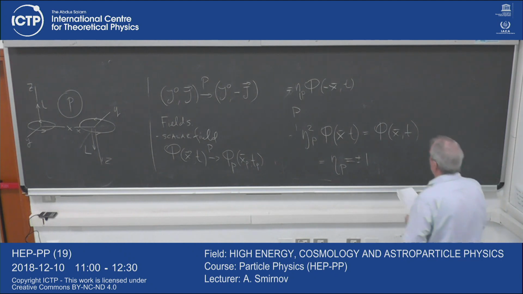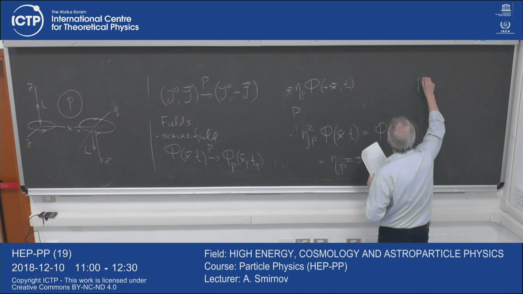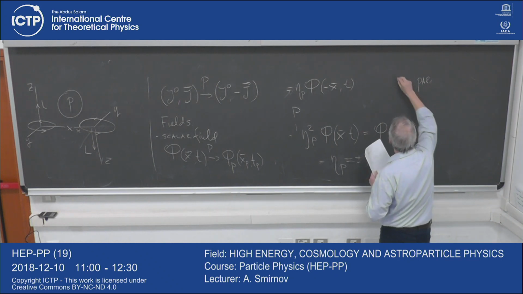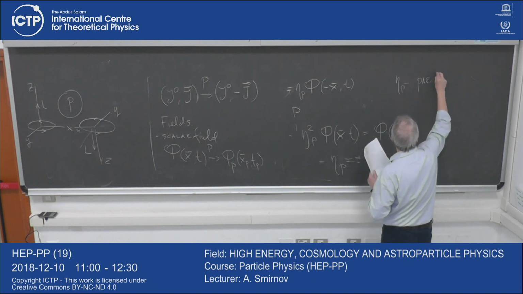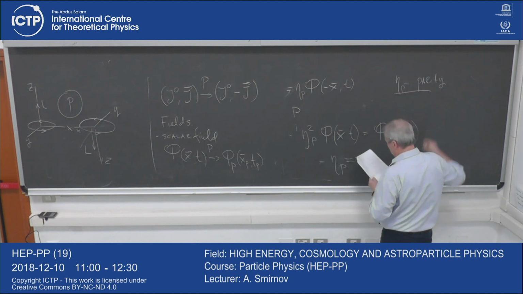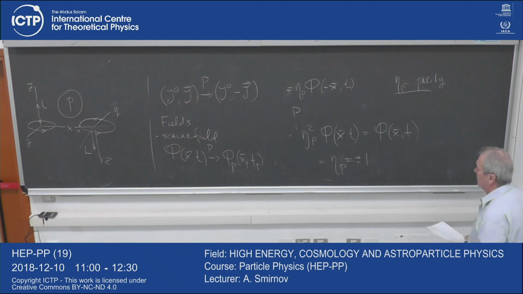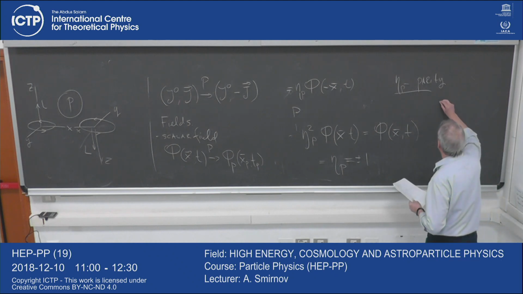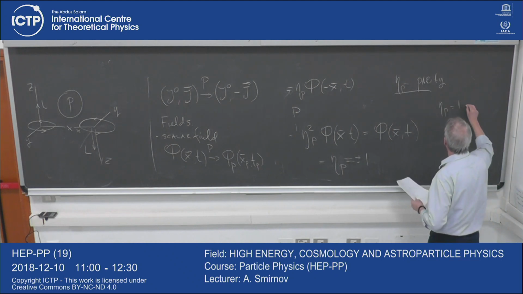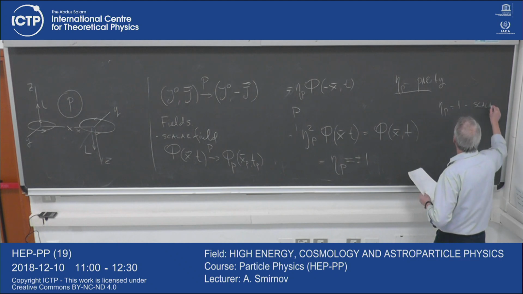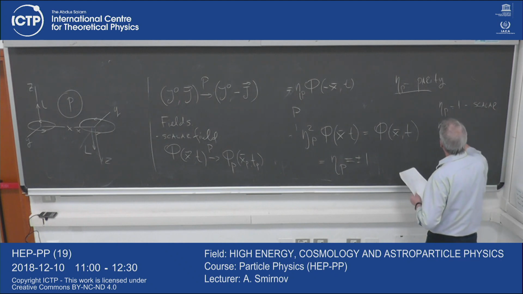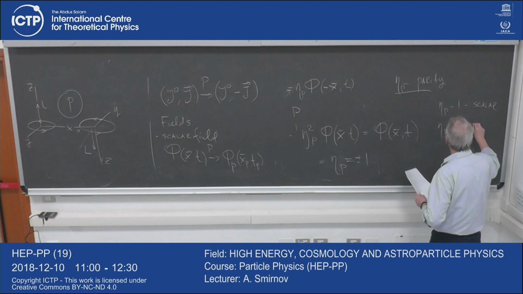This parameter eta is called parity. For a scalar field, it can have the value plus 1, and in this case we call the corresponding field a scalar. So eta_P equals 1 is a scalar, and eta_P equals minus 1 is a pseudoscalar.